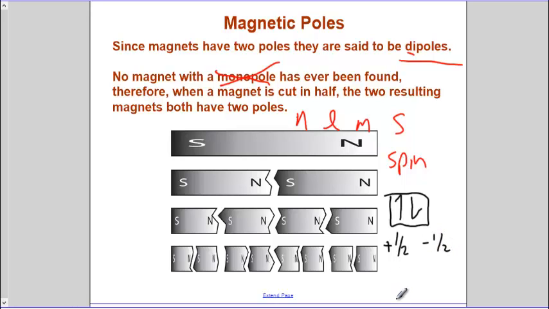So if I drew an electron that has, I don't know, a positive spin, so we'll put an E there, and then one that has negative spin, put an E there. This spin will be in this direction, and this spin will be in the opposite direction.